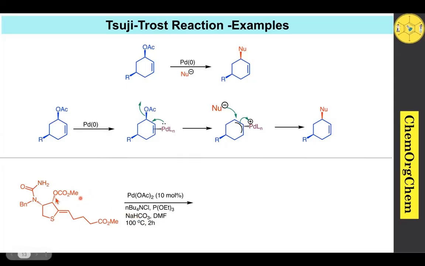So initially, our pi-allyl palladium complex formation takes place, specifically pi complex formation from the top face. Since these two groups are present at the bottom face, our palladium should interact with this alkene from the top face. Then this amine group, especially this amide NH2 group, acts as a nucleophile in this reaction, which generates the corresponding allylic substitution product.